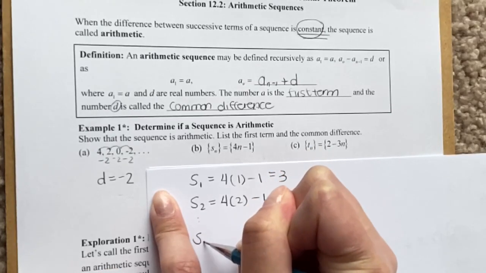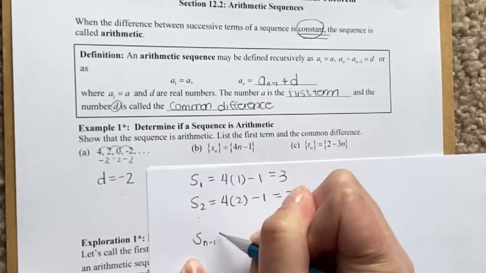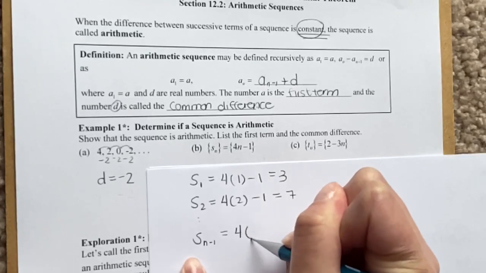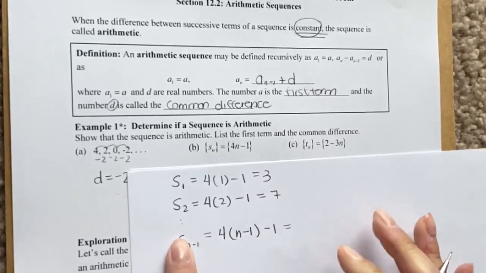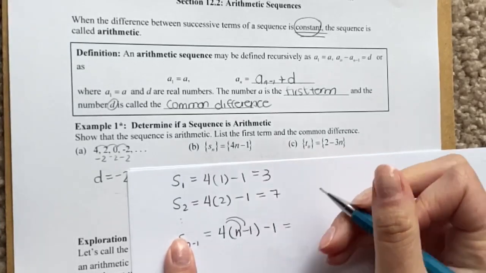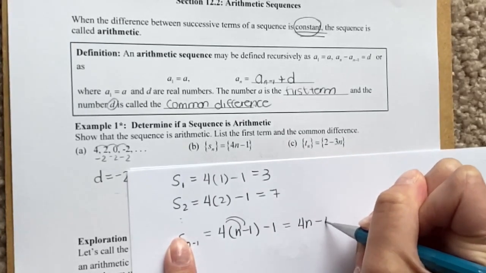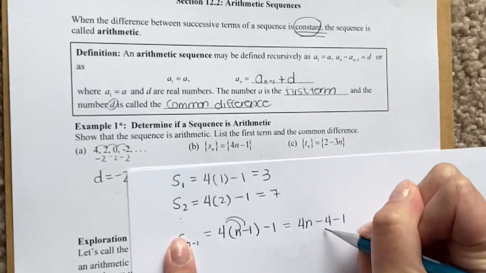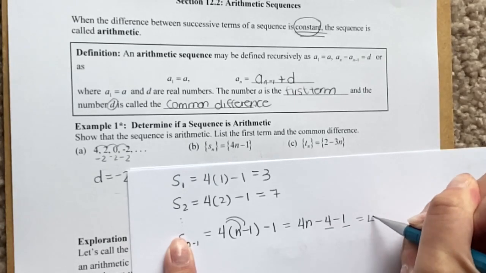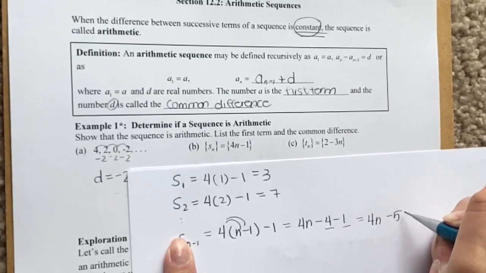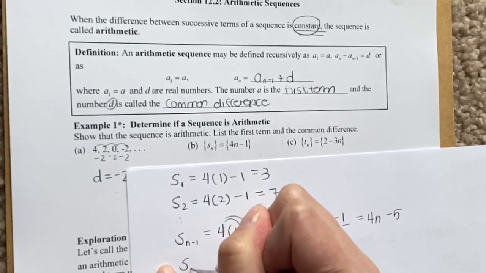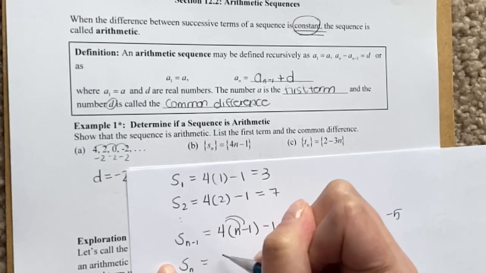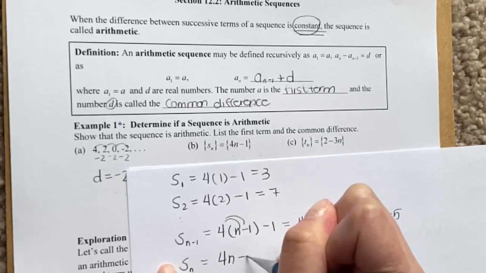You have s sub n minus 1 equal to 4 times n minus 1 minus 1. If we distribute, you have 4n minus 4 minus 1. We can combine the like terms, so you have 4n minus 5, and that's your s sub n minus 1. And s sub n is going to be equal to 4n minus 1.